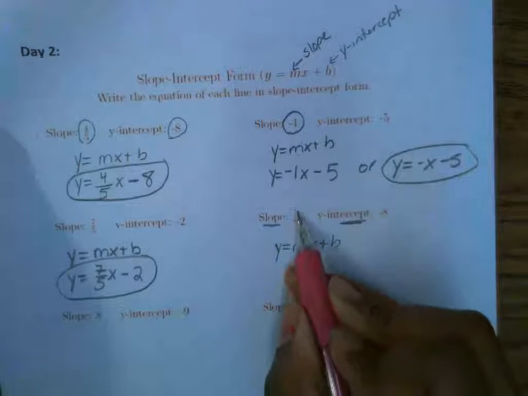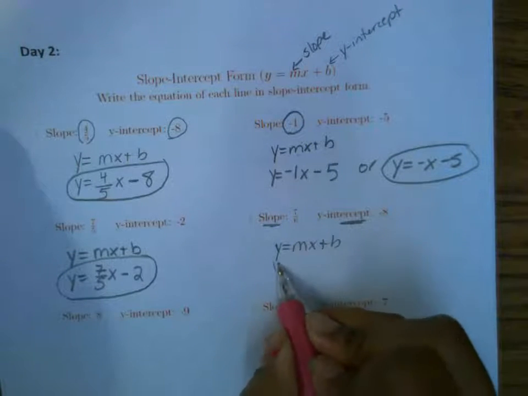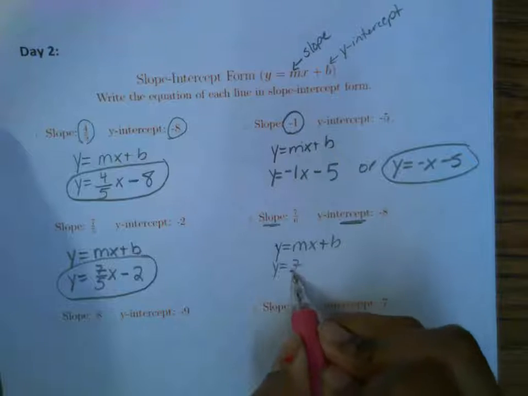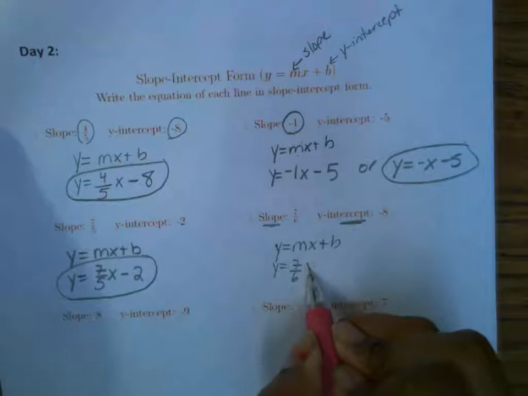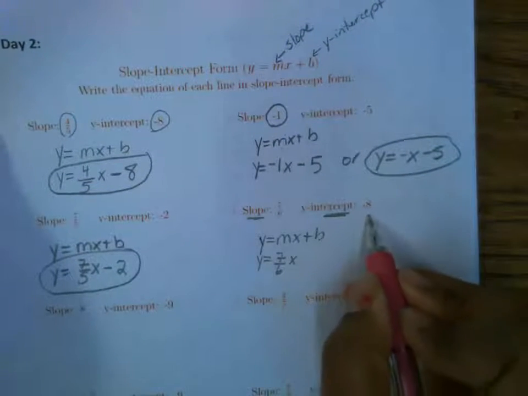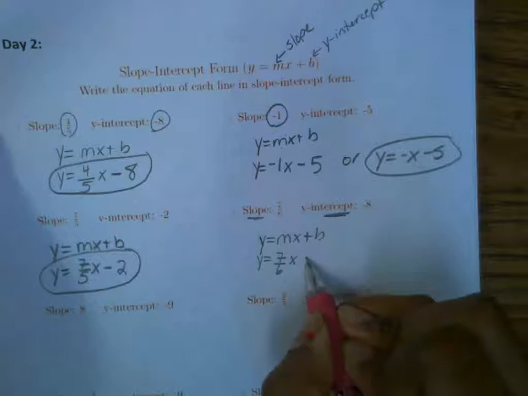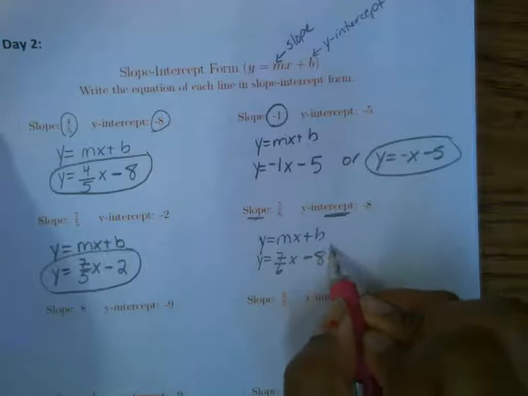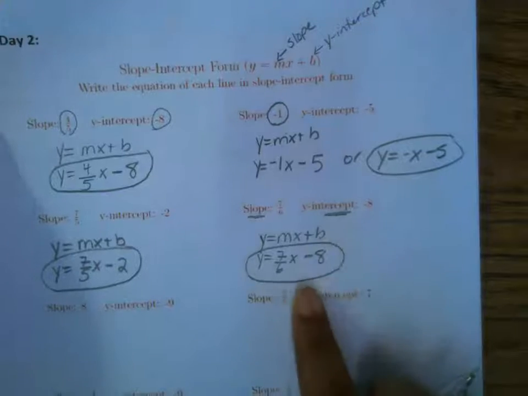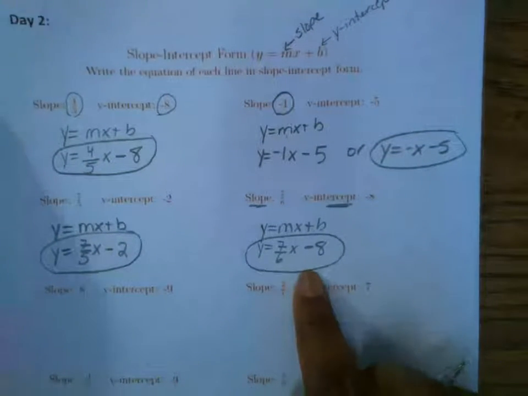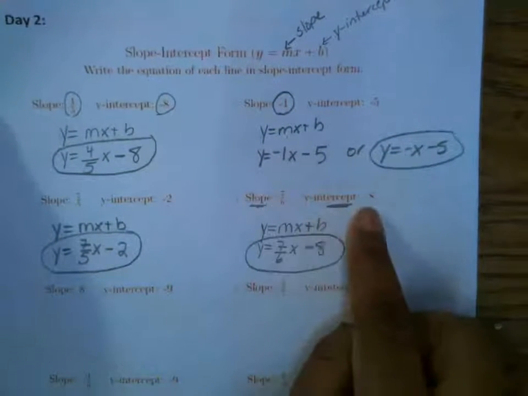The number for slope is 7/6. Bring down the x, and your b is -8, so that's going to be -8. And this is going to be the equation, the linear equation when given your slope and your y-intercept.